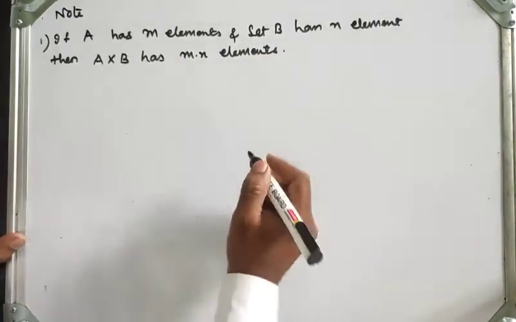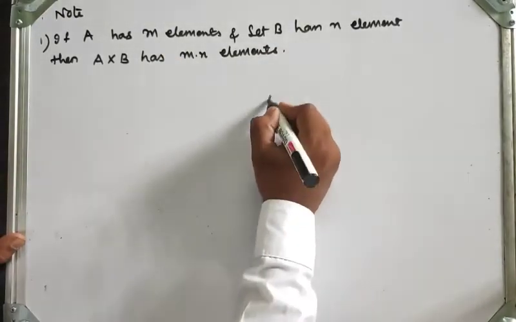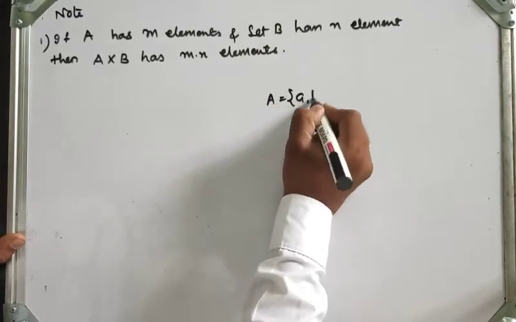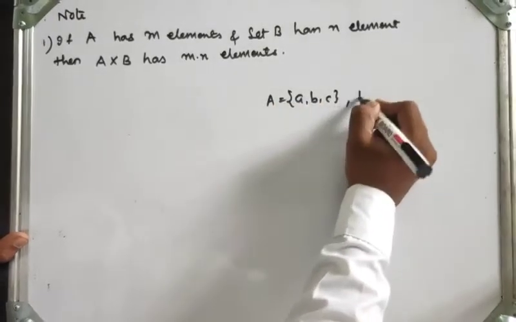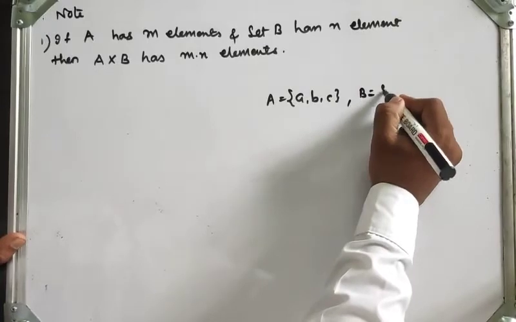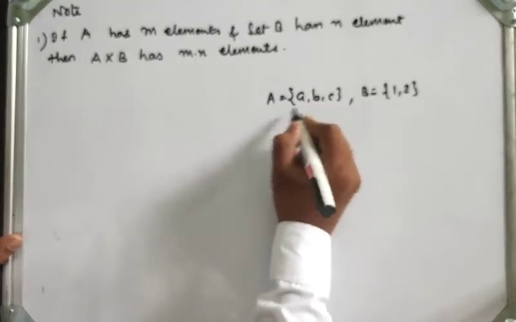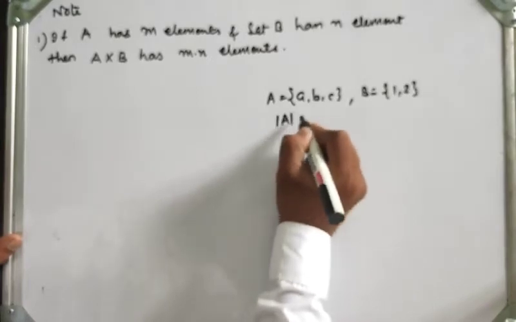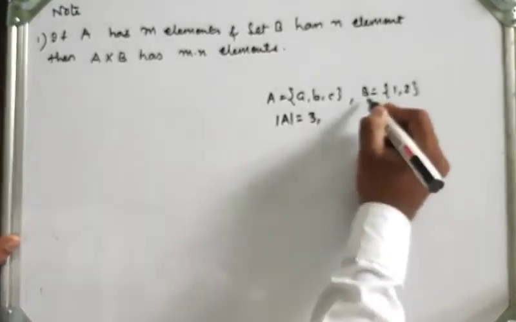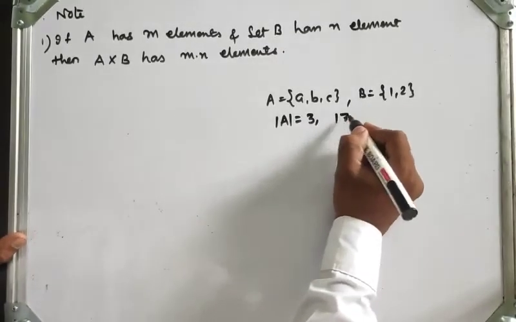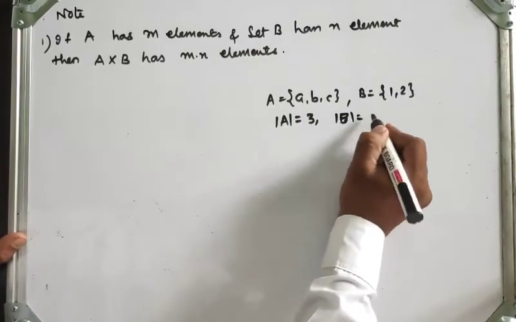We have seen this in the previous example. What is A here? A, B, C, and B is 1, 2. How many elements are in set A? Set A has 3 elements, so the cardinality of A is 3, and B has 2 elements, so the cardinality of B is 2.